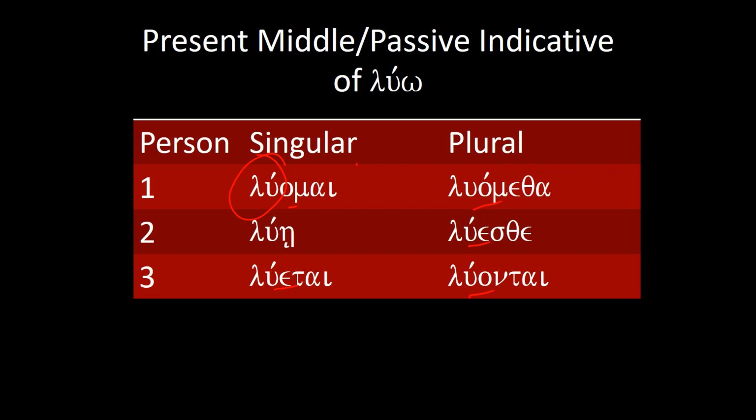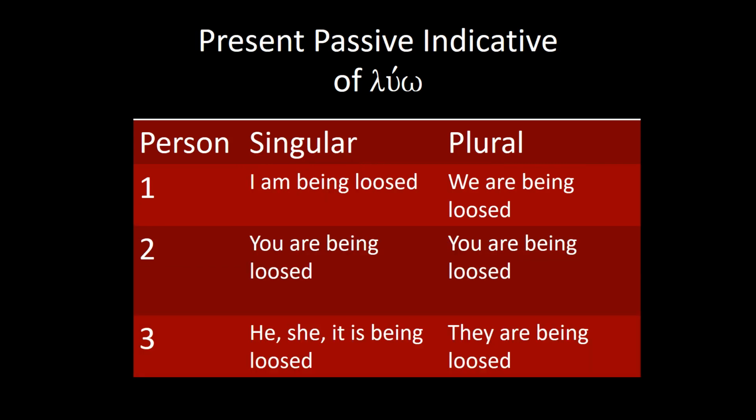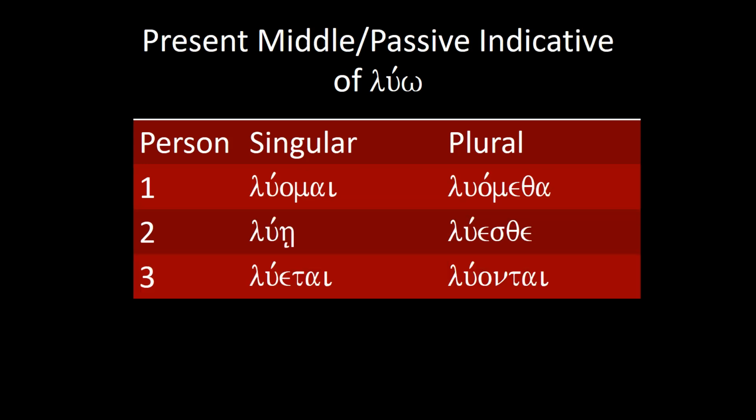Then we have our endings: mai, sai, tai, metha, sthe, ntai. You would translate it, I am being loosed, you are being loosed, he, she, or it is being loosed, we are being loosed, you are being loosed, they are being loosed.